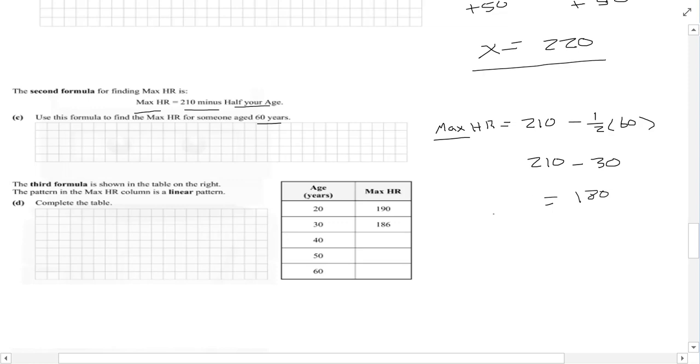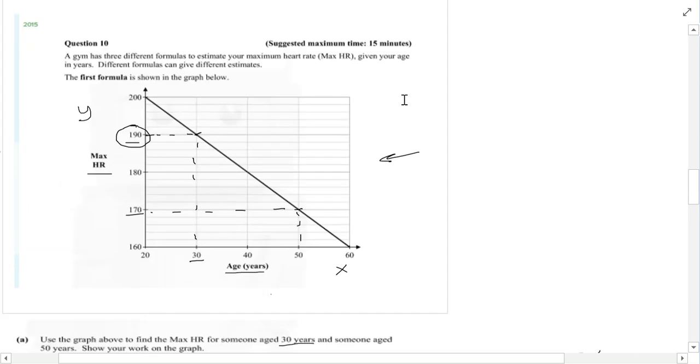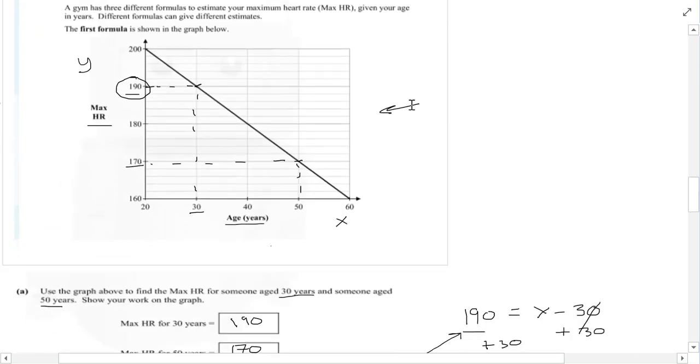So therefore, this is your answer here. The maximum heart rate is, in this case, 180. So when the person is 60 years of age, their maximum heart rate is going to be 180. And if we go back up here, 180.